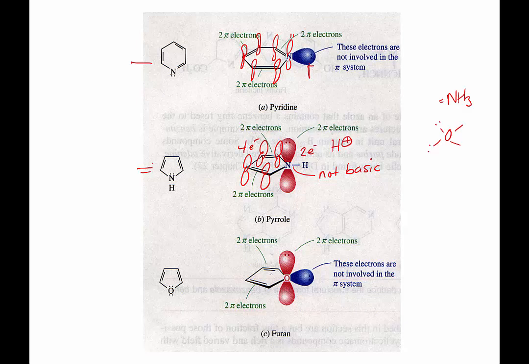So if the nitrogen's like, well, I'm going to buck the system and hold my pair of electrons out of the pi system, that's not going to work. It doesn't have that choice. It's got to contribute if it becomes aromatic. Now, if it has a choice of contributing and becoming anti-aromatic, it won't, because it doesn't want to become unstable. But if it makes it more stable, that's what it's going to do.